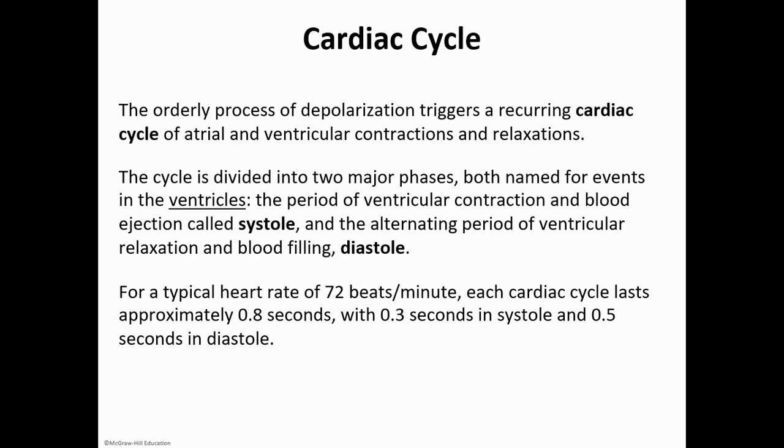If each cardiac cycle lasts 0.8 seconds, you'll see that most of the cardiac cycle is in diastole, so 0.3 seconds is systole, while the remaining 0.5 seconds is diastole, meaning that you want the ventricles to relax in order to fill up with blood, while the contraction part, the systole part, only takes less of that cardiac cycle.